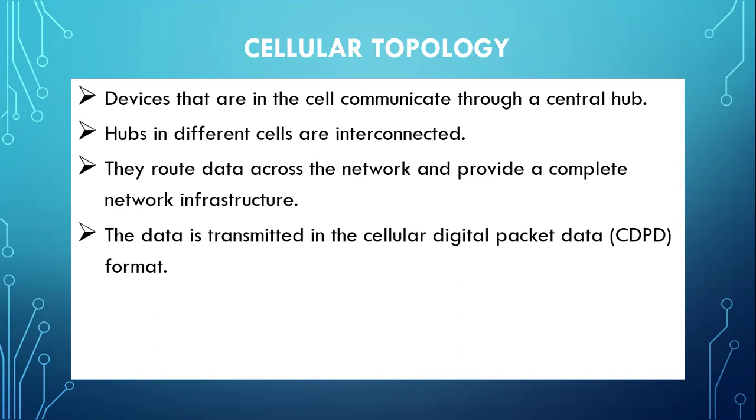It's a topology whereby there are devices that are connected in a cell communicating through a central hub, and whereby the various hubs within this network, which are in various cells, are interconnected to one another to form this cellular topology. So from there, you can see that there's a connection of the cell communication among the devices.